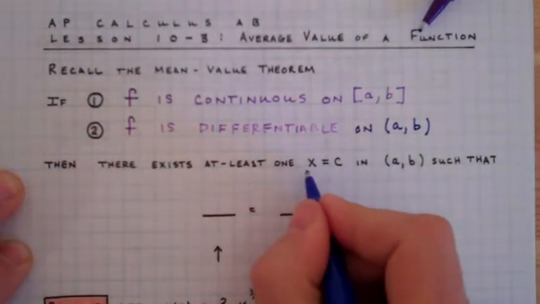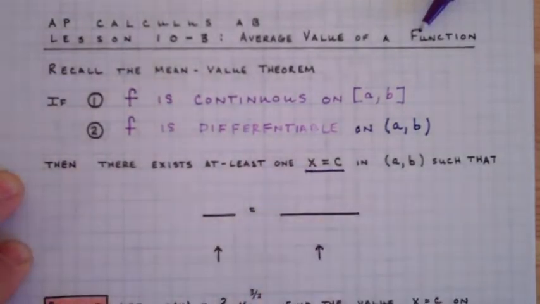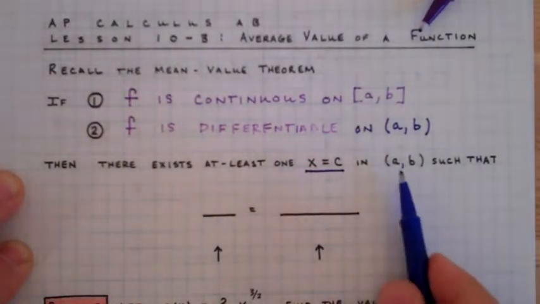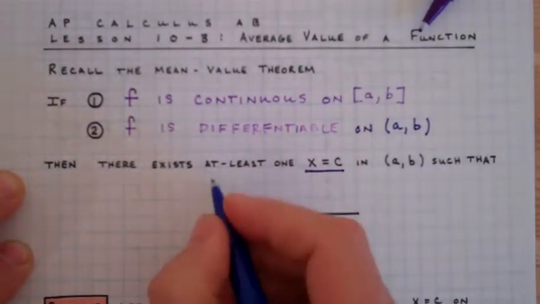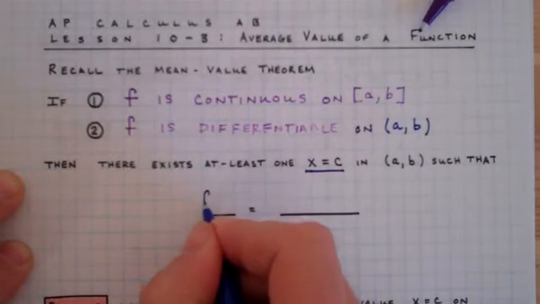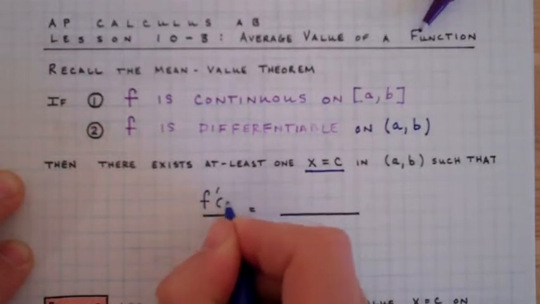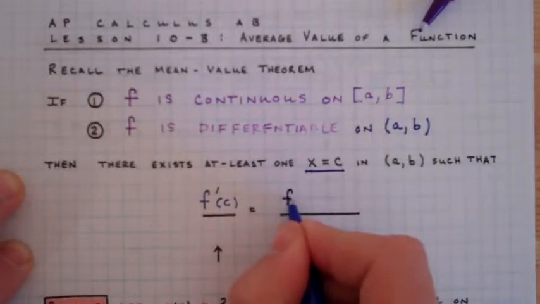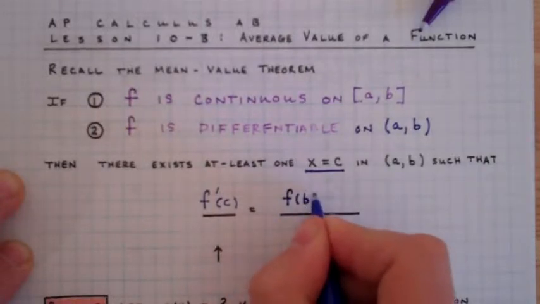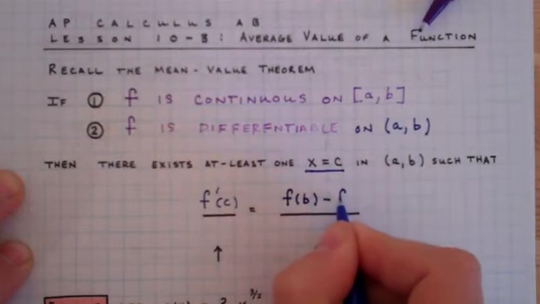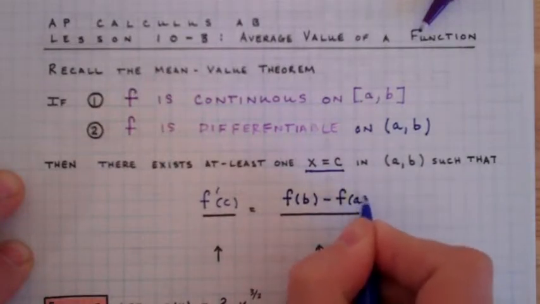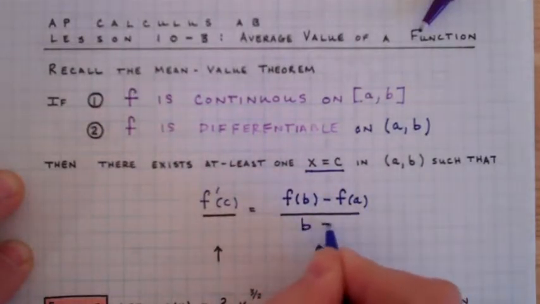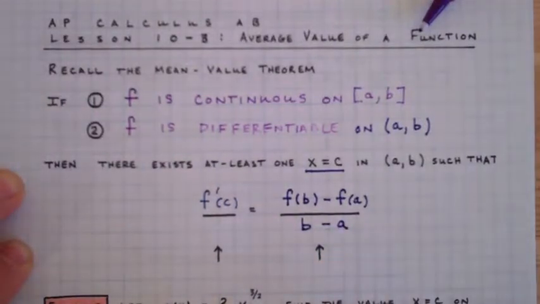There exists some x value, we'll call it x equals z, on the interval from a to b, such that the derivative at this point is equal to the slope of the line that connects the two endpoints of the curve.